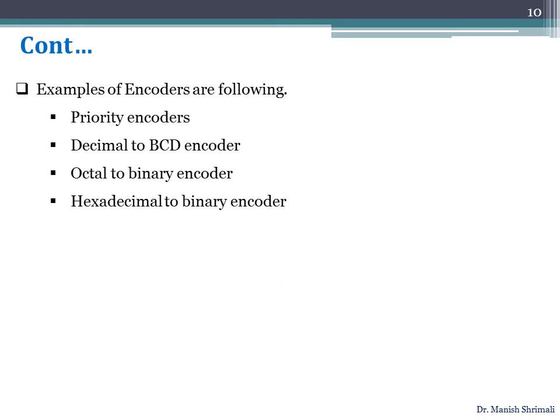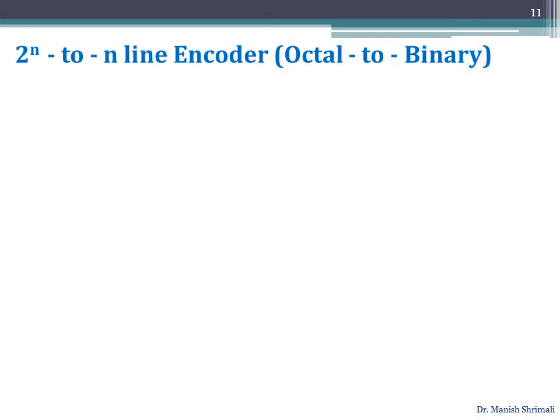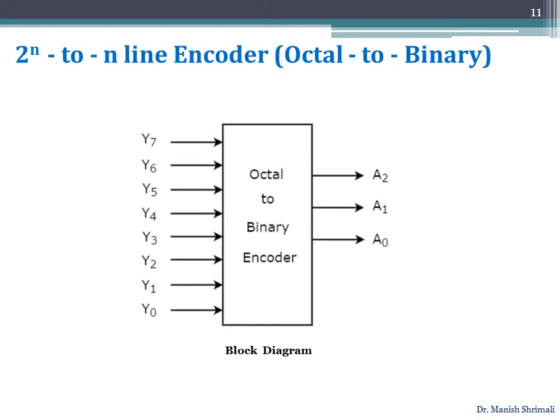These are the examples of encoders: the priority encoder, the decimal to BCD encoder, the octal to binary encoder, and the hexadecimal to binary encoder. Now next, we are going to consider the 2 raised to n line encoder.